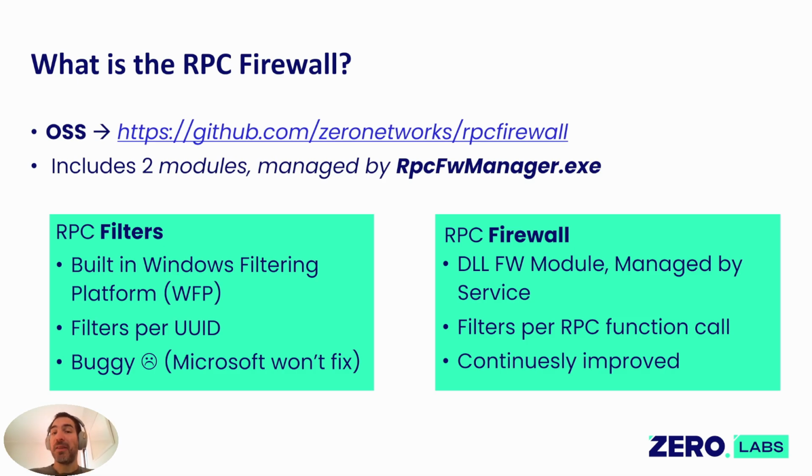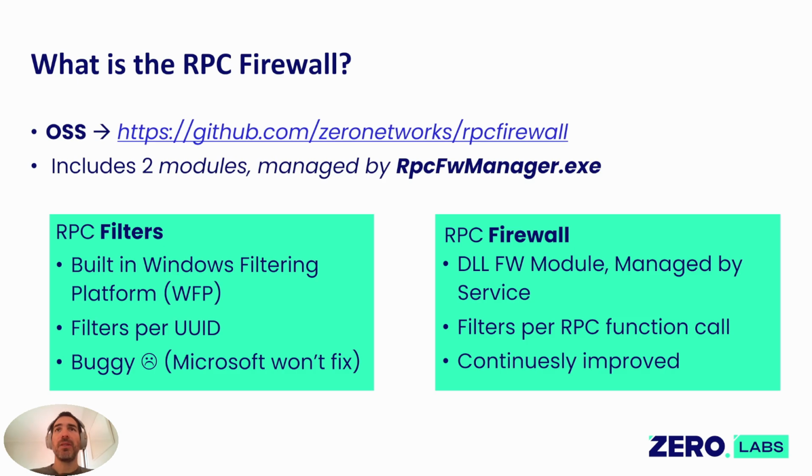So somebody did think when they were developing RPC that it's a good idea to have RPC filters, but there's a lot of problems with the RPC filtering mechanism. Mainly, it's a little buggy, so you can't rely on it sometimes. It's not as granular as the RPC firewall, and the only advantage that it has is that it's built in and that it can help you, using RPC filters, protect processes.